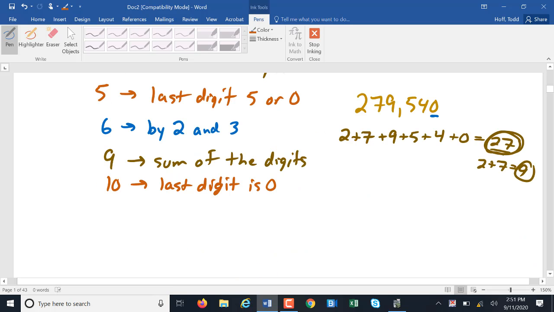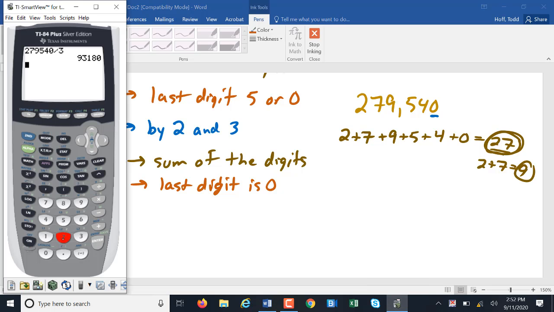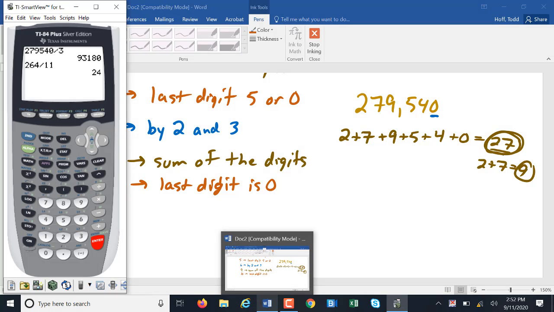So obviously that's divisible by 10. For 11, there's a rule for 11, but again, it's not fun. It actually works for every number, but it's so complex it isn't worth it. We have the calculator. If you want to tell if something is divisible by 11, just divide by 11. And if there's no decimal, no fraction, it's divisible by 11.